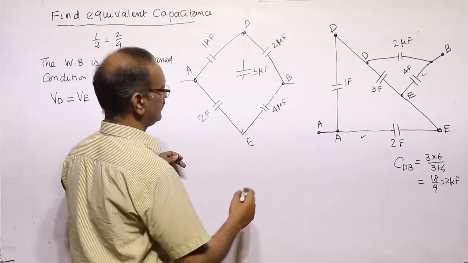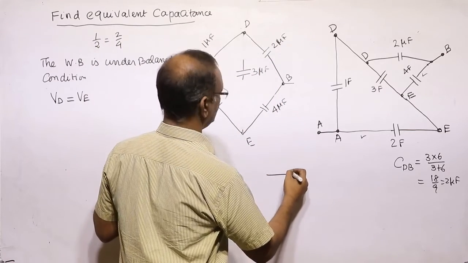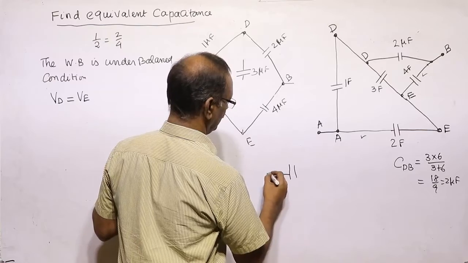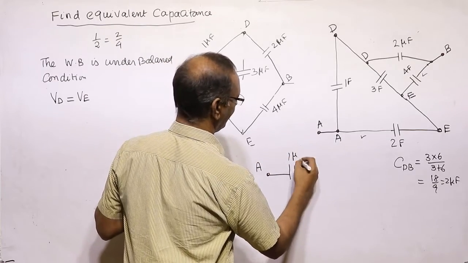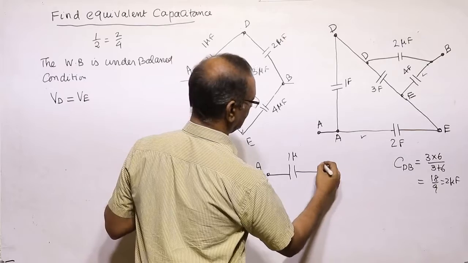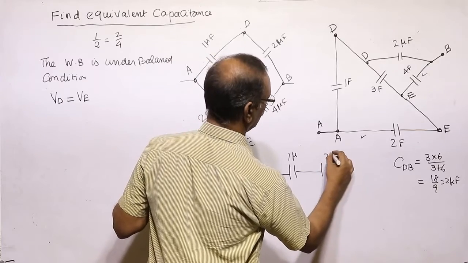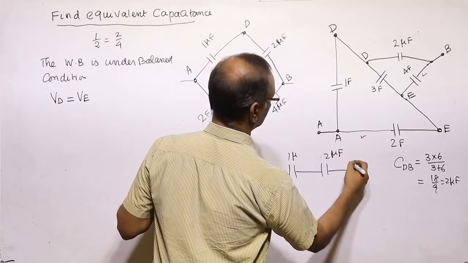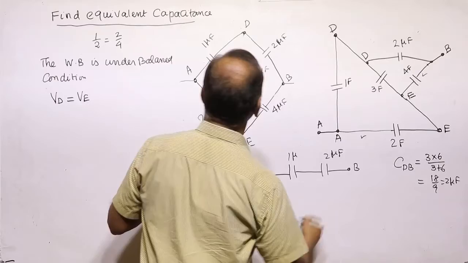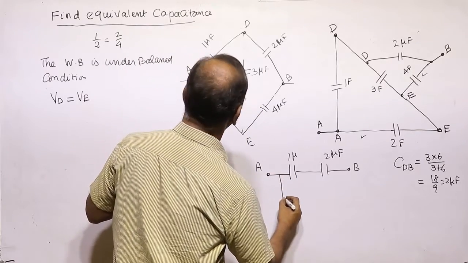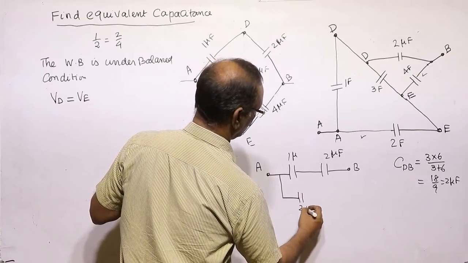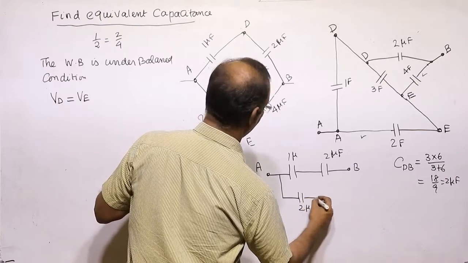So we can write the circuit. From A there is 1 microfarad and 2 microfarad up to B, and from A to B one more in parallel, that is 2 microfarad.